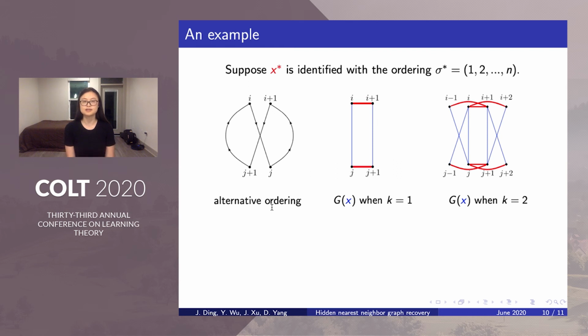So once again, let's say that x star is identified with the identity ordering. Then consider the alternative ordering that is shown on the figure to the left, which basically traverses a certain segment of the vertices in the reversed order. So the difference graph that corresponds to this alternative ordering when k equals 1 contains only 2 red edges and 2 blue edges.